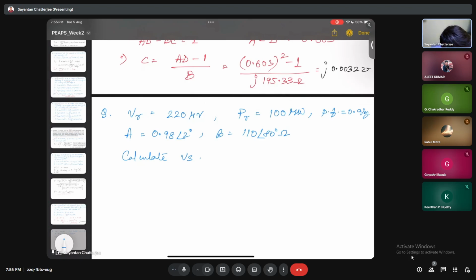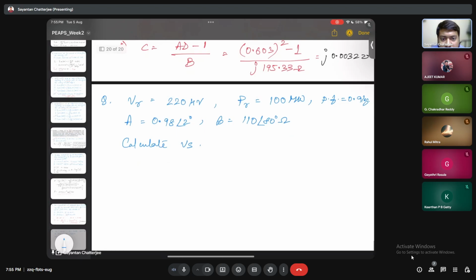So receiving end power, PR is the receiving end power, 100 megawatt.